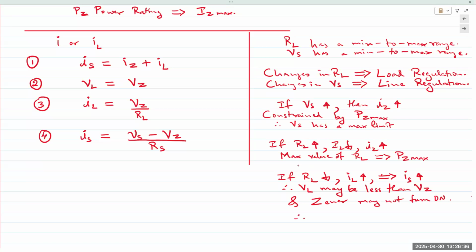And therefore, there is a minimum value of RL. Okay, that's the other aspect.